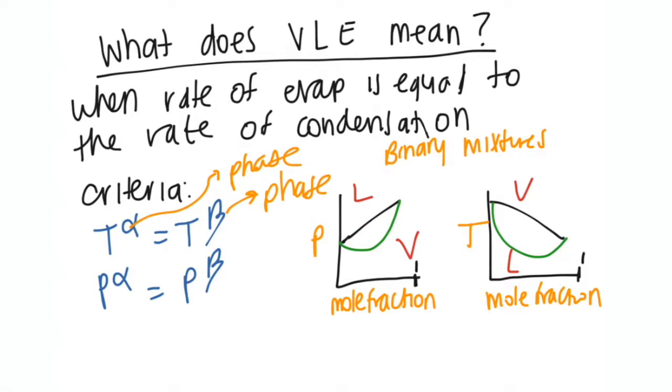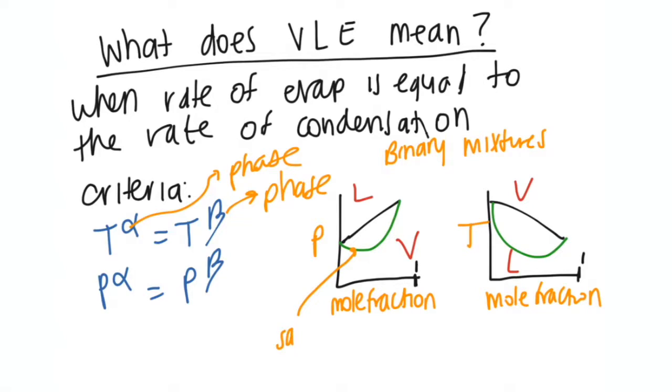Some more definitions, or whatever you want to call it. If I'm looking at my pressure versus mole fraction graph, you guys have probably heard of saturated vapor or saturated liquid lines. So my saturated vapor line is my green line.